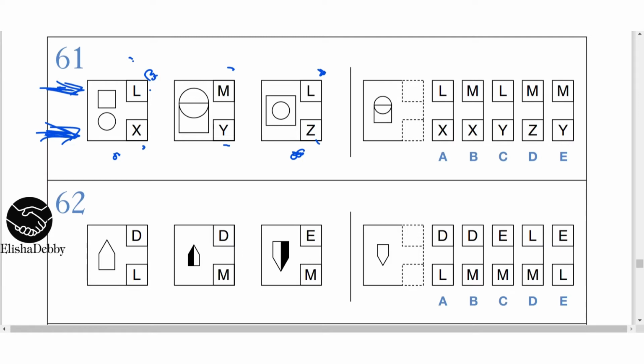Number 1, look for the common letters. So L here, L here, L in the first, L in the third. That means what is common between this and this. Let's look at it. We've got a square and a circle. We've got a square and a circle.